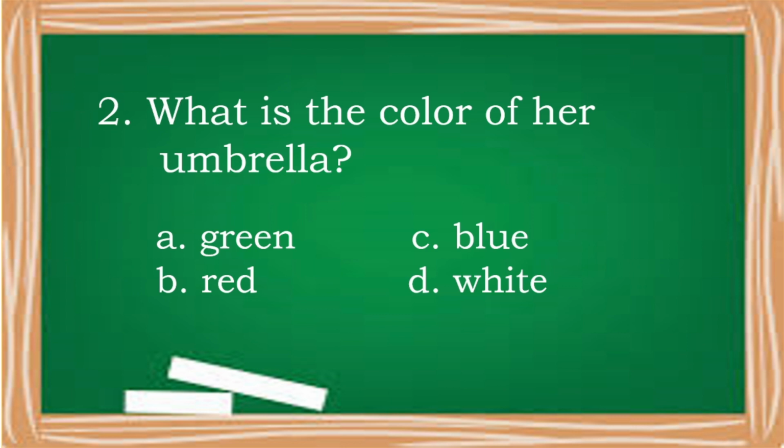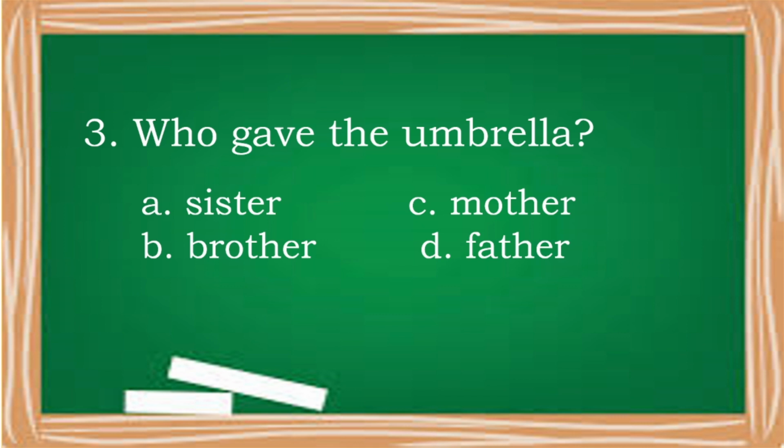A. Green. B. Red. C. Blue. D. White. Number 3. Who gave the umbrella? A. Sister. B. Brother. C. Mother. D. Father.